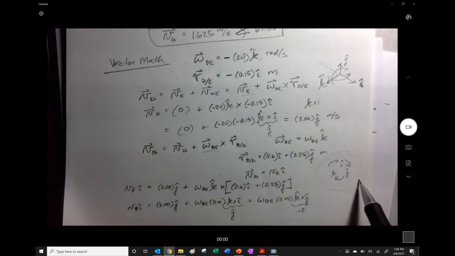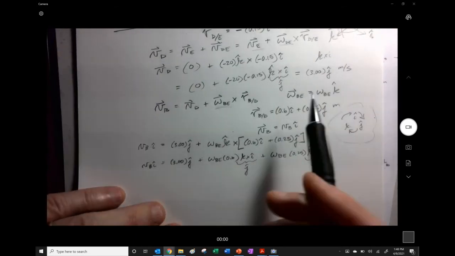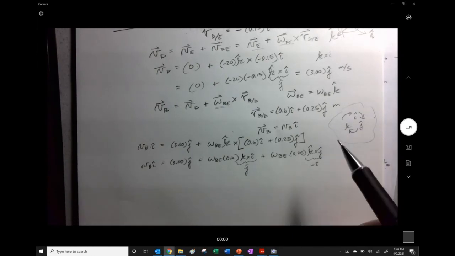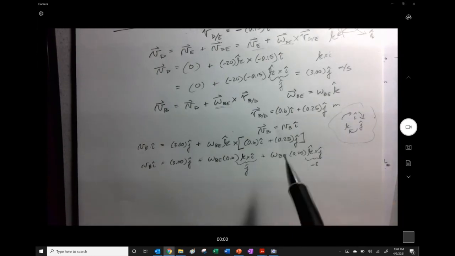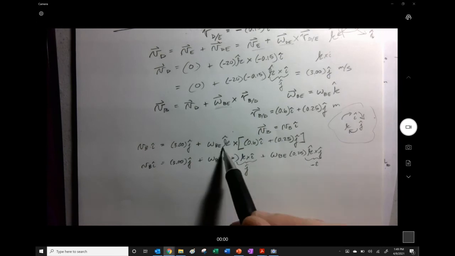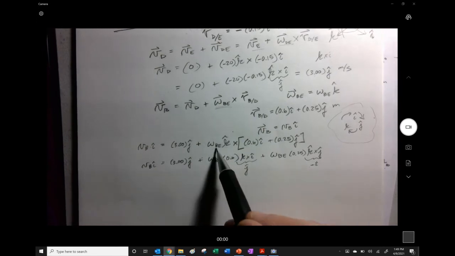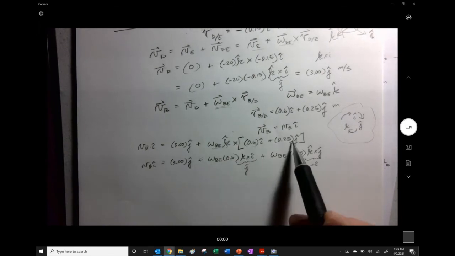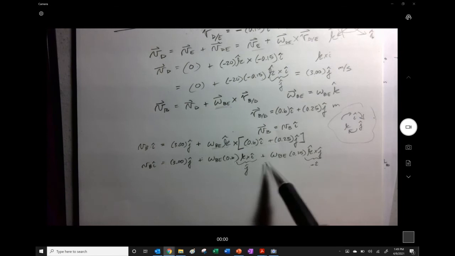You can also take the determinant of a matrix consisting of these, with this as row 2 and this as row 3, just like you did in statics, although it's a longer way to do it.